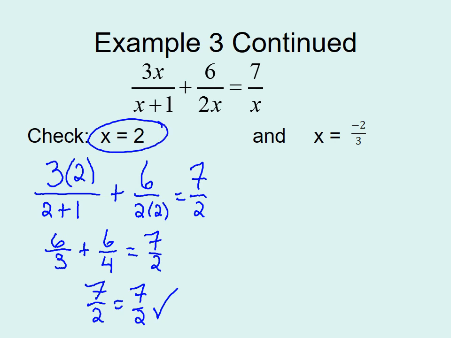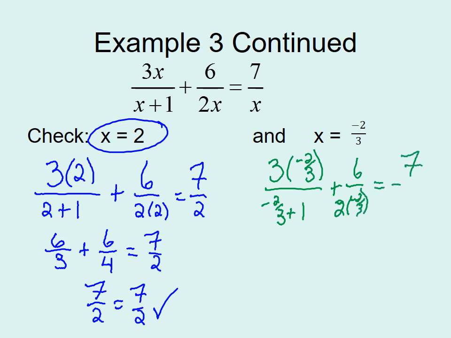All right, checking our last one, we're going to check negative 2 thirds. So we're going to plug that in. We're going to have 3 times negative 2 thirds over negative 2 thirds plus 1 plus 6 over 2 times negative 2 thirds equals 7 over negative 2/3.